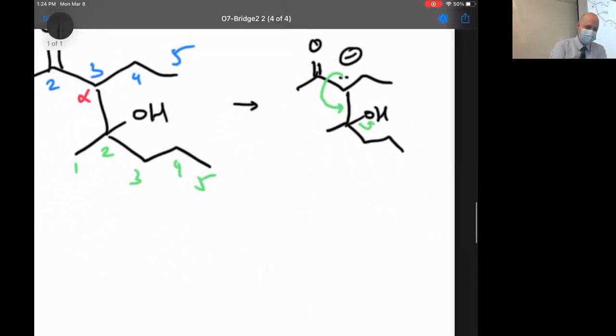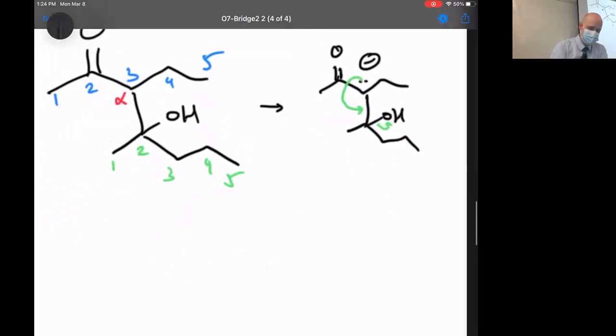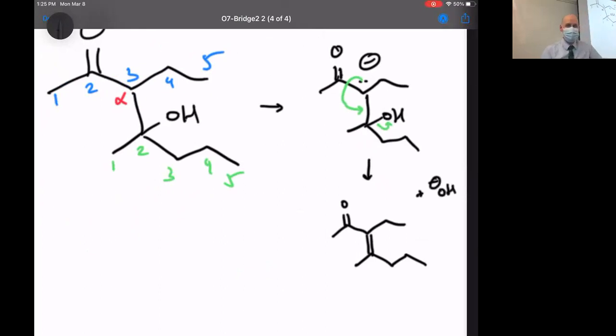Who are we kicking off? Yeah, the O. So either way you go, you're turning your C- into an O-. But if you go up, you just come back down again. If you go down this way towards the alcohol and kick off the alcohol, you're getting an O-, but it's pretty much done. And you're making more molecules, which is more stable. And it's much harder for that thing to come on in here.